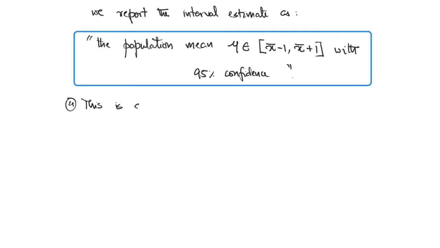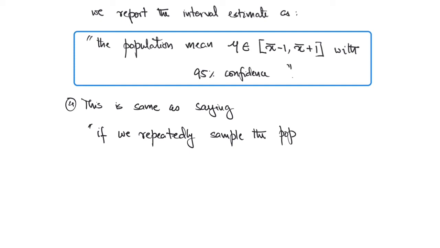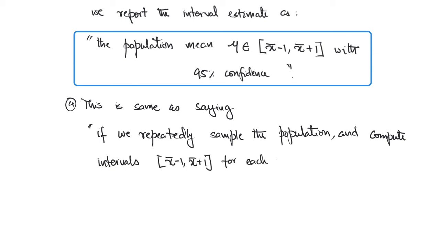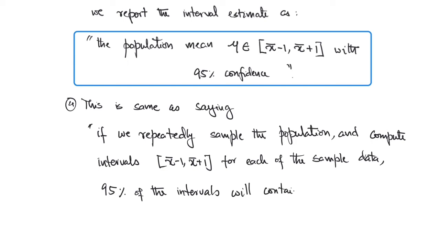This is the same as saying that if we repeatedly sample the population and compute the intervals x bar minus 1 comma x bar plus 1 for each of the sample data, then 95% of the intervals will contain the true population mean, that is mu.